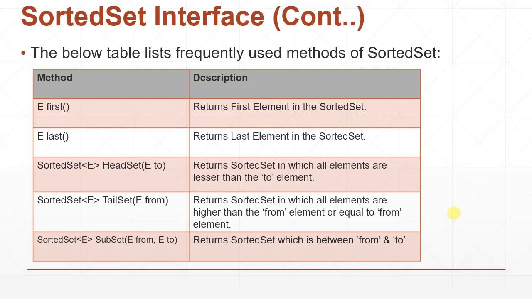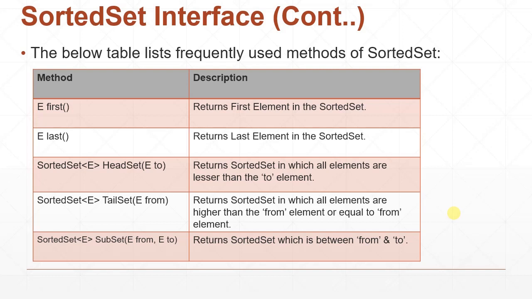Now let us say the elements are sorted in ascending order. Then the first element will be the lowest element present in the sorted set. If it is in descending order, then first will give the highest element. So it depends on the sorted order, but first will pick the first element in the sorted set.